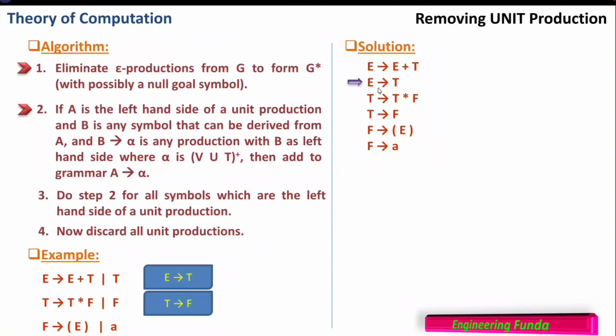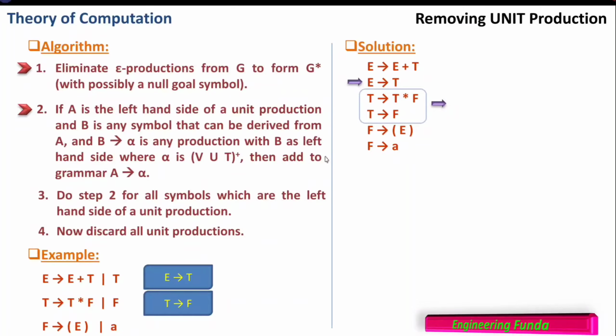Applying this step here, we see that E tends to T is a unit production. So we have to find all the productions of the form B tends to alpha. In this given grammar, there are 2 such productions: T tends to T star F and T tends to F.